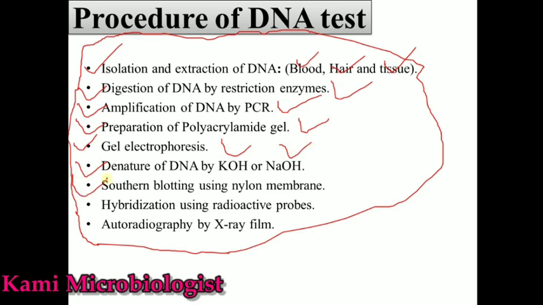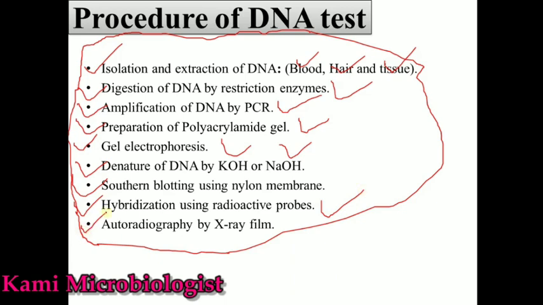After that, we perform a technique which we call Southern blotting using nylon membrane or nitrocellulose membrane. Once we perform this technique, then another technique is hybridization. In hybridization, we mostly use radioactive probes, which are known sequences having a radioactive substance that can give fluorescence when it binds to the complementary DNA sequence.